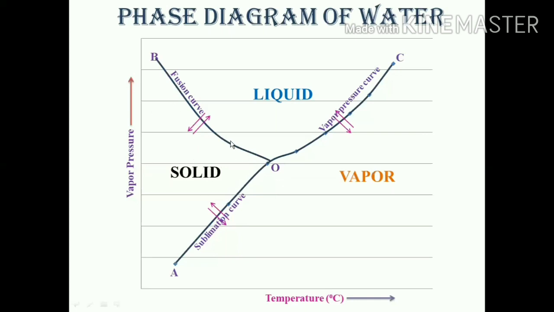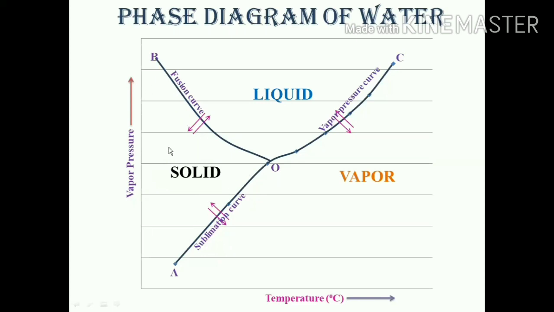Along the curves we studied that there are two phases which are coexisting. And in the areas, the story is something different actually. The areas represent the true single phase of water. For example, the area to the left of the AOB curve, we have marked it as solid. That means this entire area is going to have what? Only ice.